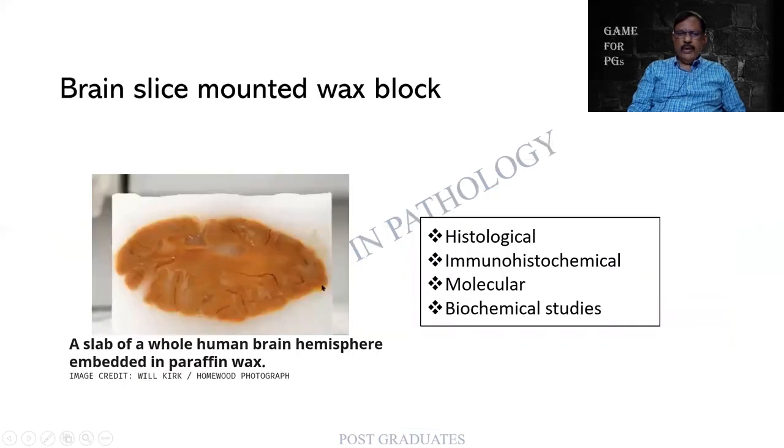And sometimes you find that almost the entire section, or at least half of it, has been mounted on a wax block. And this credit goes to the particular author over here. Homewood photograph is the source of my picture. And from all of this, you can do a histological study, immunohistochemical study, molecular study, or even biochemical study.